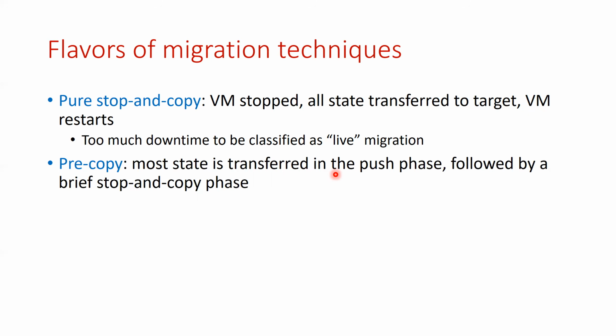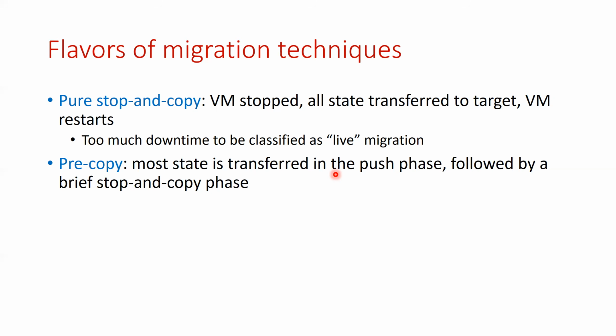So after this initial push phase, you will briefly stop the VM and do a stop and copy phase, where some last bits of memory that could not be transferred because the VM was actively using it, and the CPU context are transferred. Of course, CPU context is always changing, so you can never capture it and transfer it beforehand.